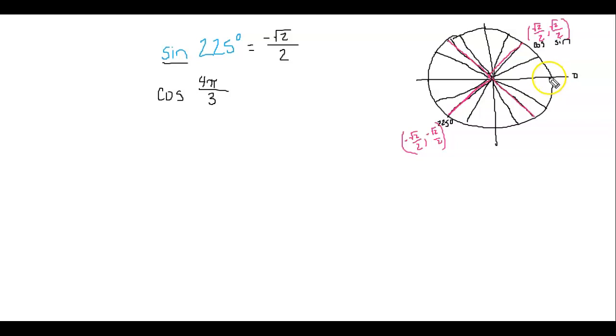It must have been one of the ones that reduced. So 1/6, 2/6, 3/6, 4/6, 5/6, 6/6, 7/6, 8/6. That reduces to 4/3 pi. So that's this angle. So I found 4 pi over 3. I found where it is on the unit circle.